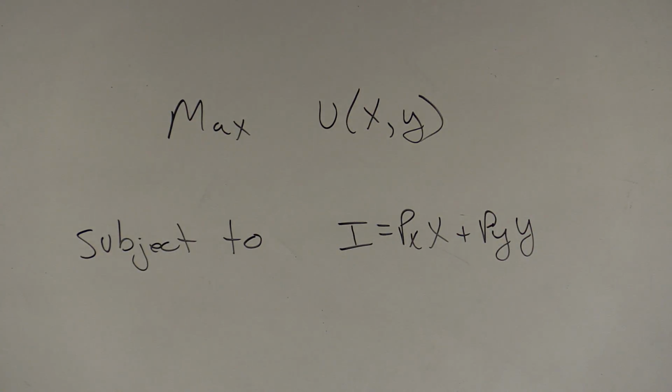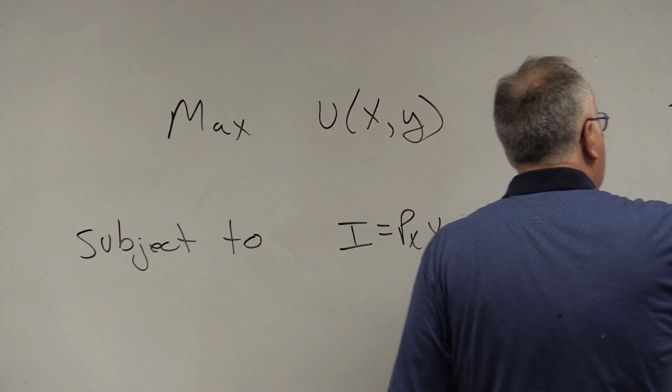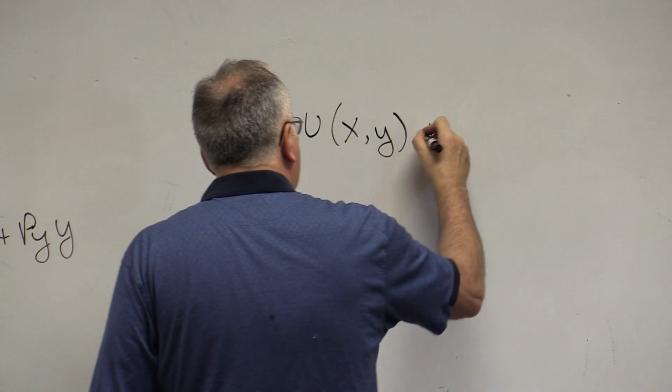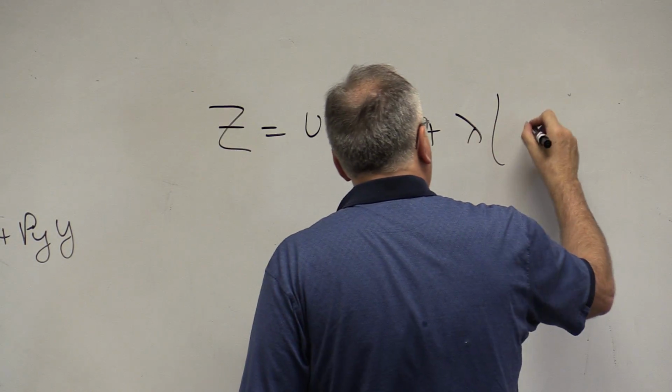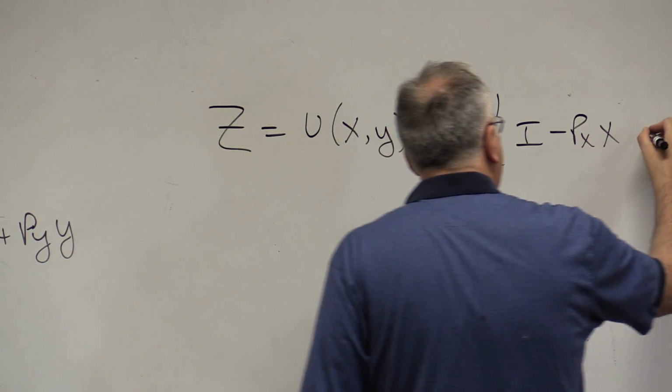In this most general problem with two variables, the Lagrange function would just be this. Z equals u of xy plus lambda times I minus pxx minus pyy.